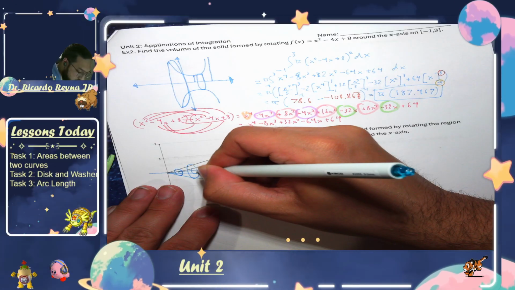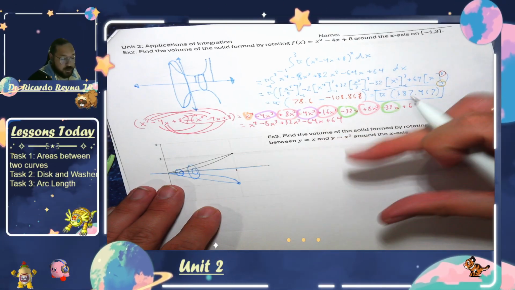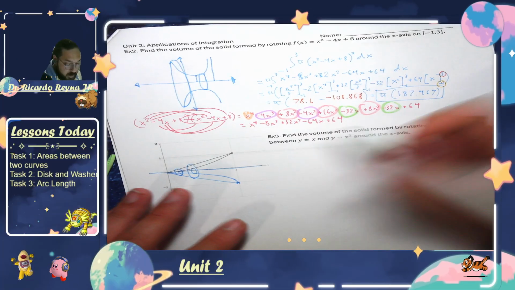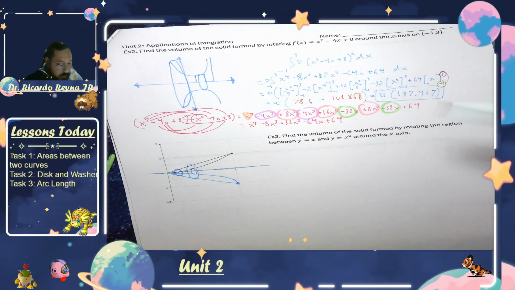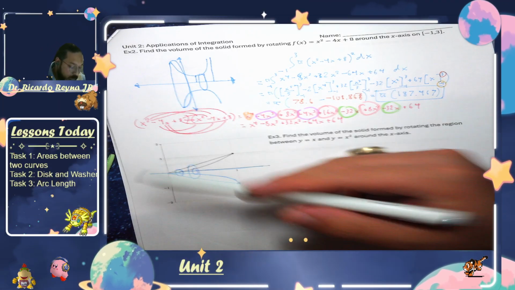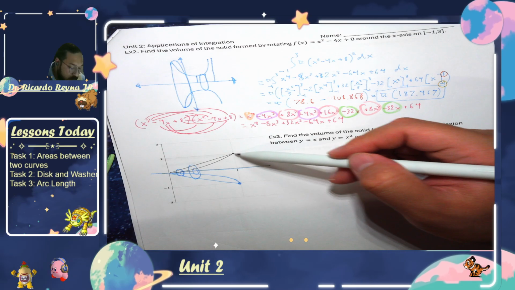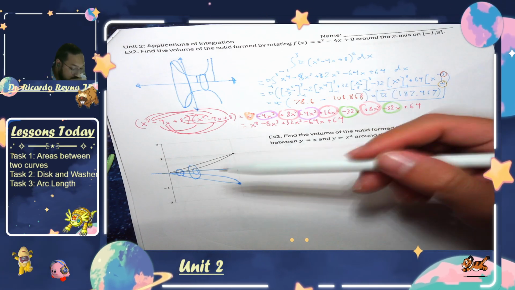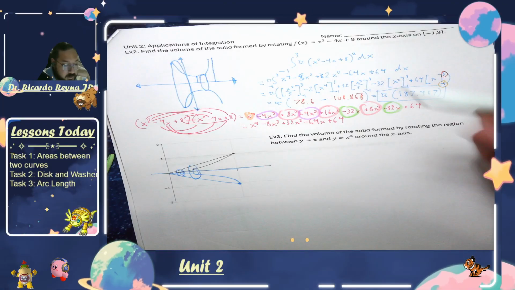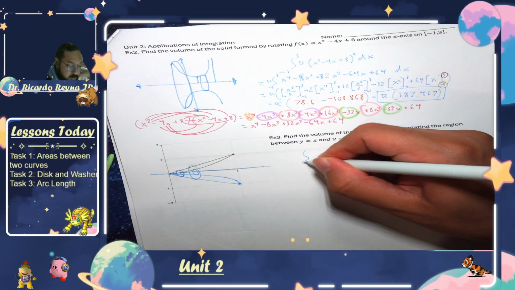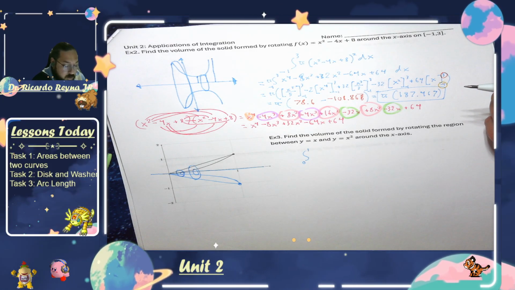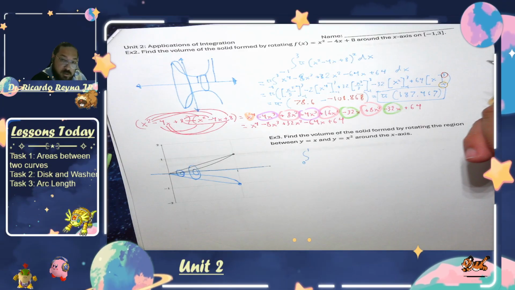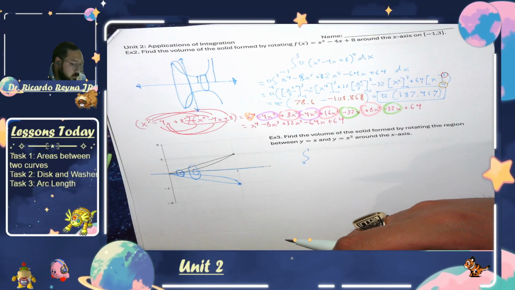We're secretly forming this sort of washer as we go. It says from 0 and it stops at 1, so visually, because they're using this image, our integral is going to be from 0 to 1. But now we have a technicality: what is the outermost and what is the innermost?